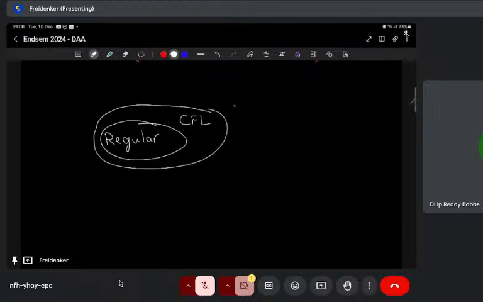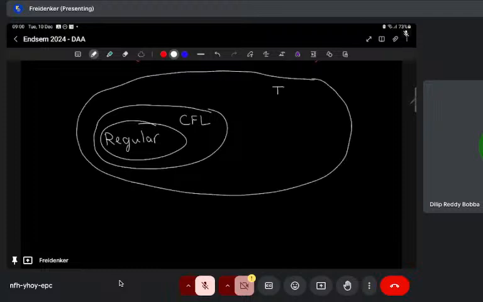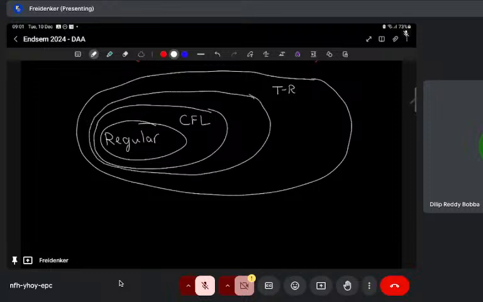Then we have Turing recognizable languages, but in itself we have a special set of languages called Turing decidable languages. And then we have languages outside this, so non-Turing recognizable. They're all proper subsets, right?